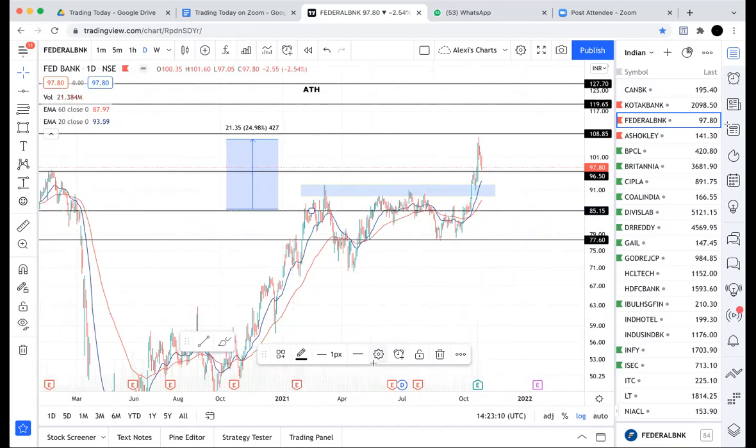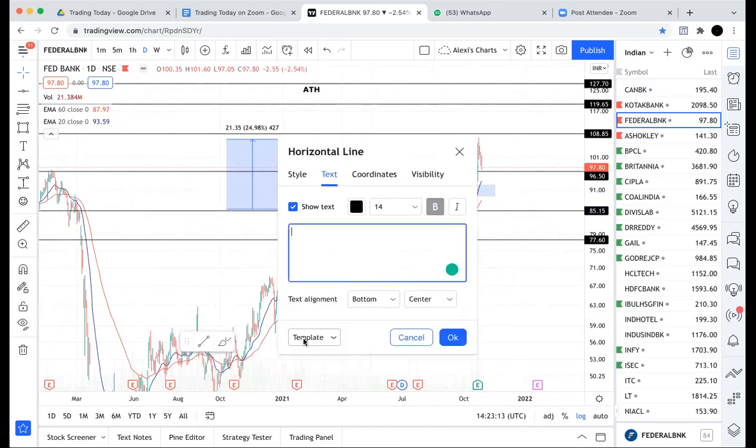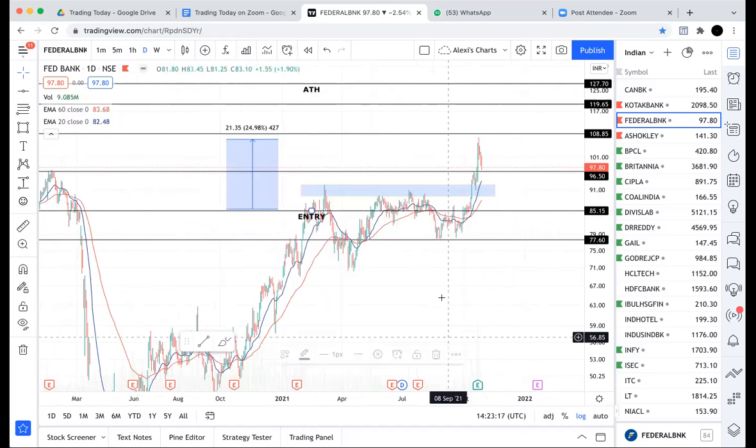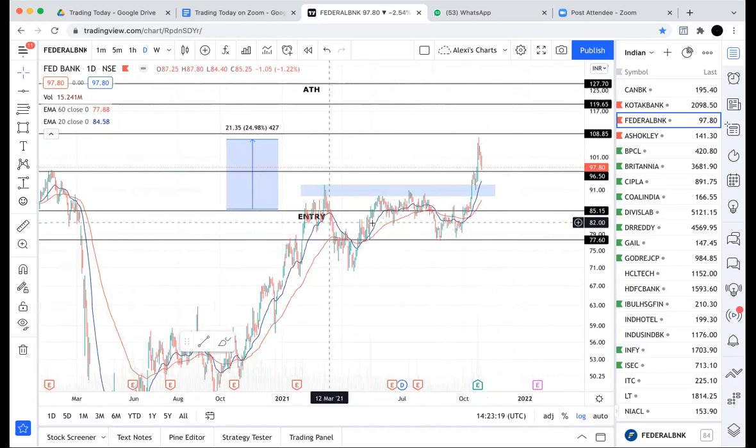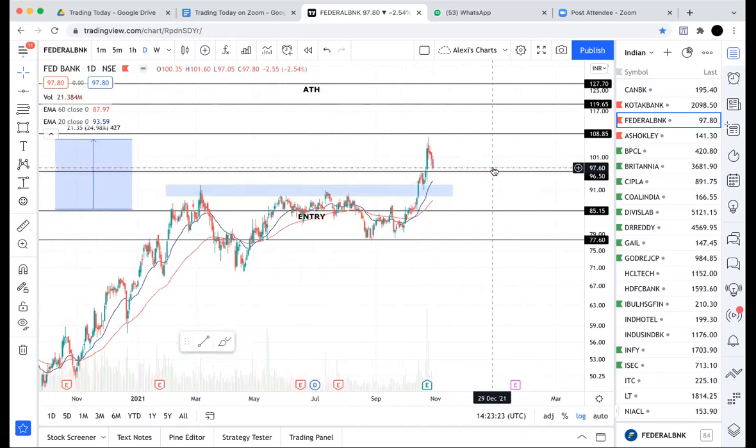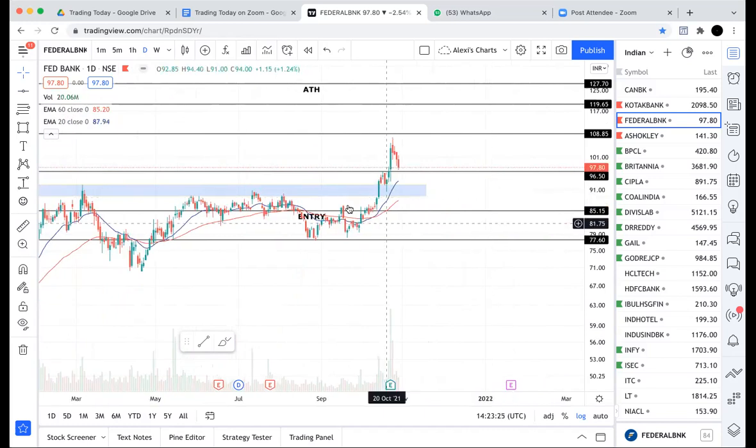Let me rename that as entry. I've put all that in there, by the way, as a template. So let's say you entered at this level, and you started seeing this bullish sign, a couple of days of bearishness, but then it went up again.